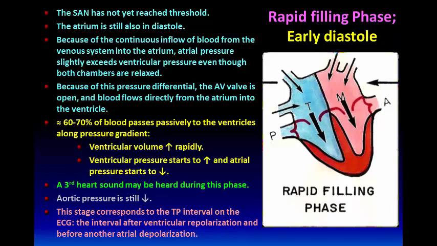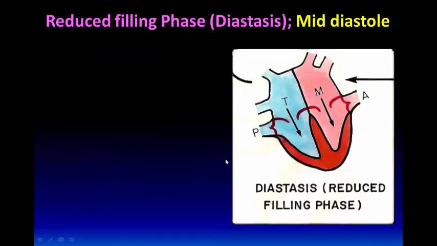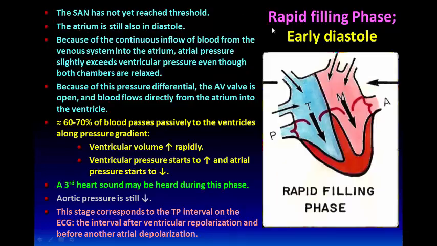It is the interval after ventricular repolarization and before the beginning of another atrial depolarization. The rapid filling phase is followed by a reduced filling phase, which is also known as the diastasis.